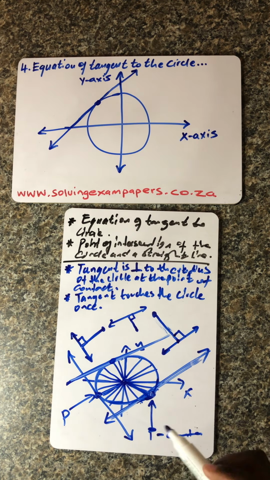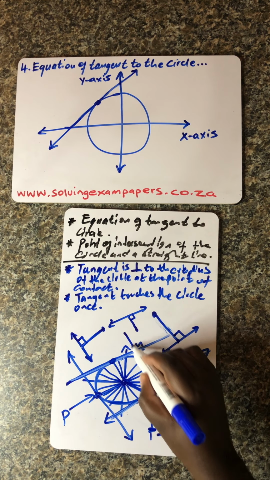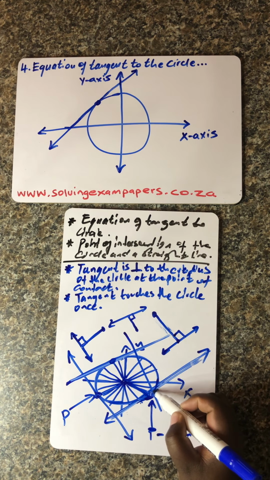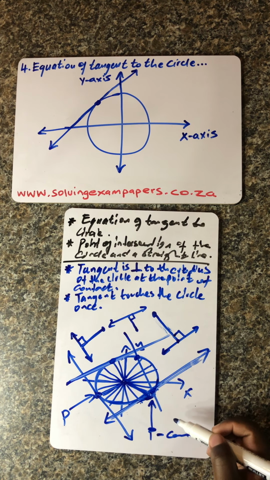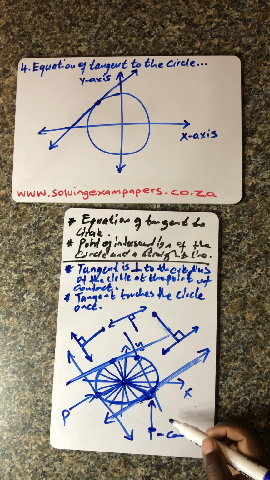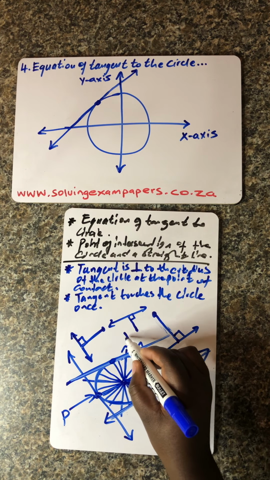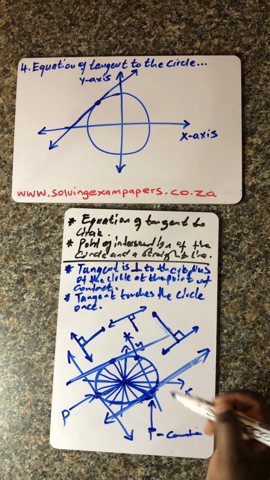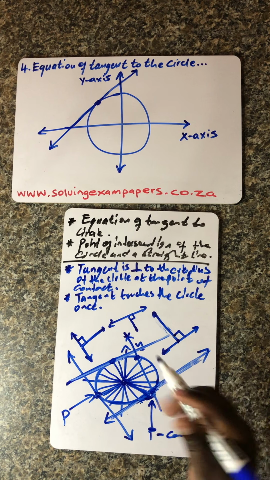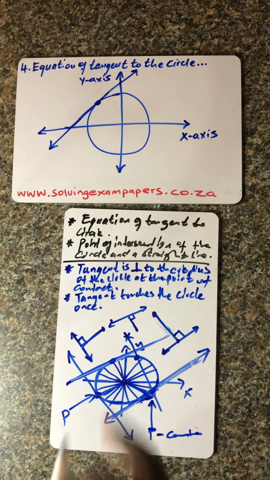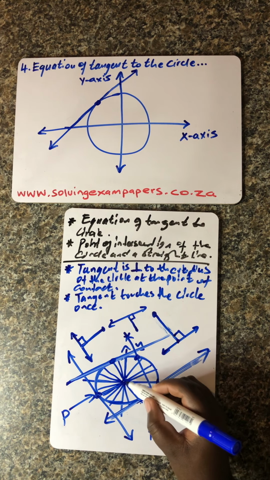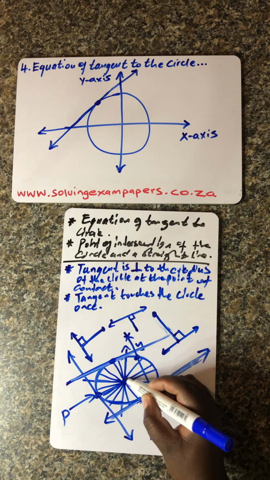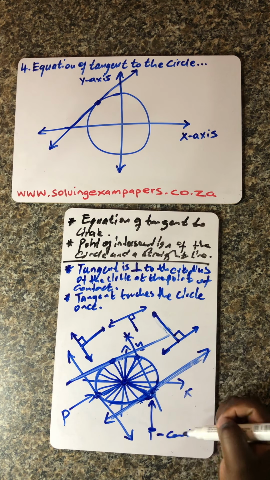Let's say we've got a line that cuts the circle at that point and at that point. Can you see that the rule doesn't apply? This is not a tangent because it doesn't touch the circle once. It touches the circle there and there, and we cannot have a radius radiating from there to there and forming a 90-degree angle.